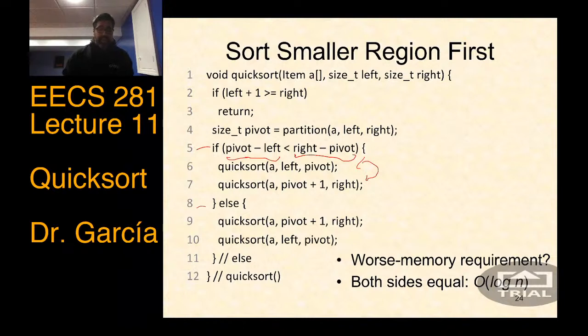And so that way, what I'm trying to do is maintaining some balance between the recursive calls in terms of the amount of work that they each would do, such that allows me to satisfy the fact that I want both sides to roughly be equal to O of log n recursive calls. Okay.